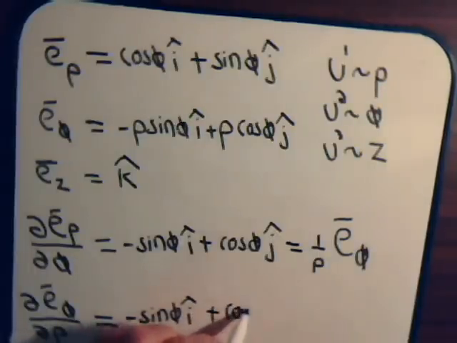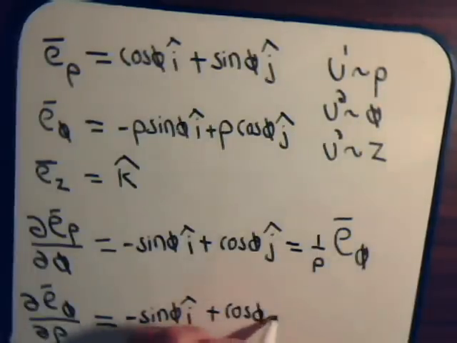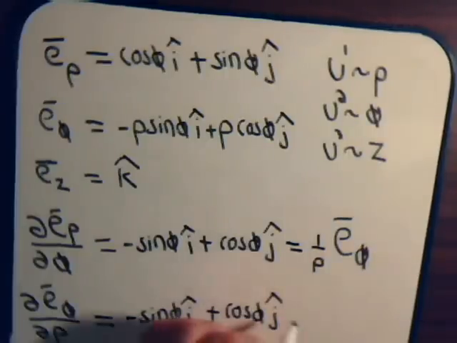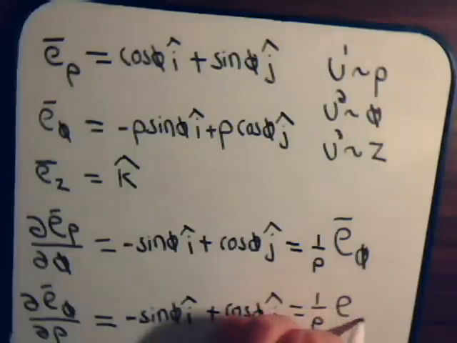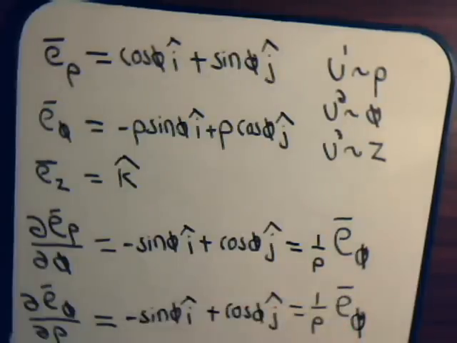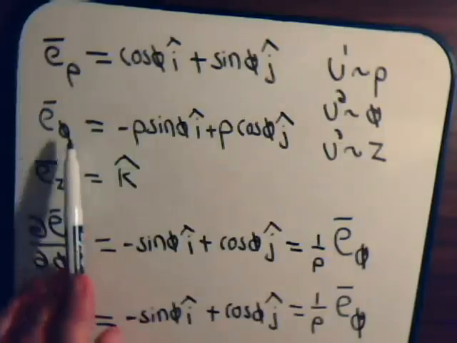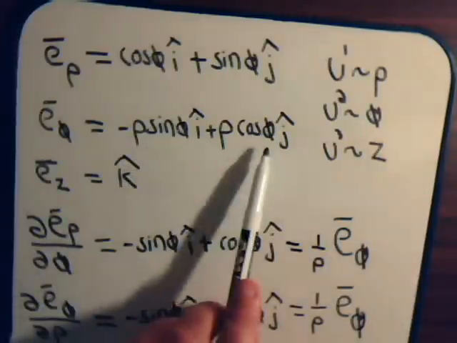And this equals 1 over rho E psi. Now I want to take the partial of this with respect to psi.